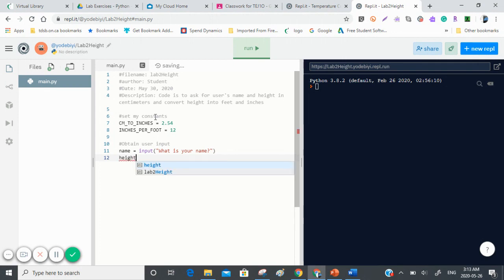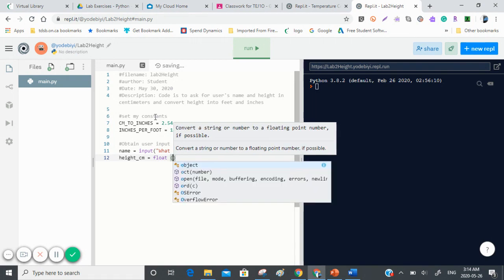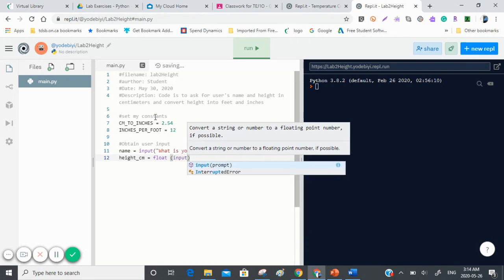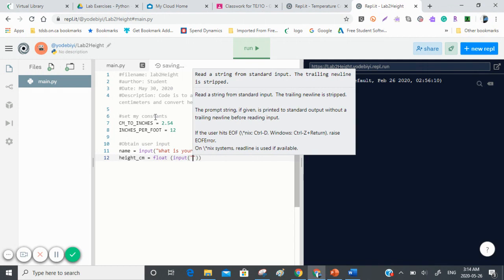Height underscore centimeters equals, now a float. The reason why I'm saying a float is because it could be a decimal, okay? So I type in float. Now it's an input, so I got to use the input, and I have another bracket, and then I put my quotations, because it's going to be a string.